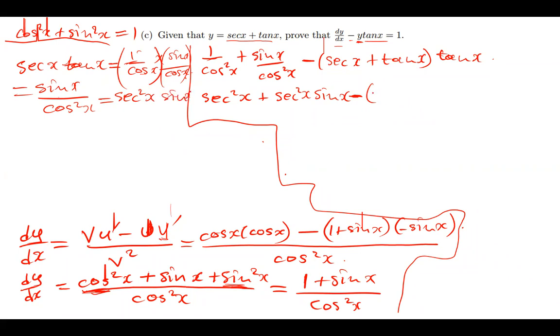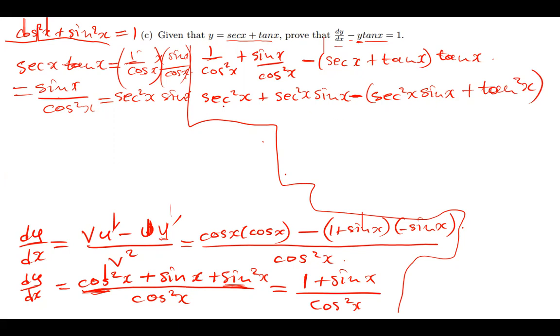And when I multiply tan times tan, I'm going to get tan squared x, so I'll say plus tan squared x.